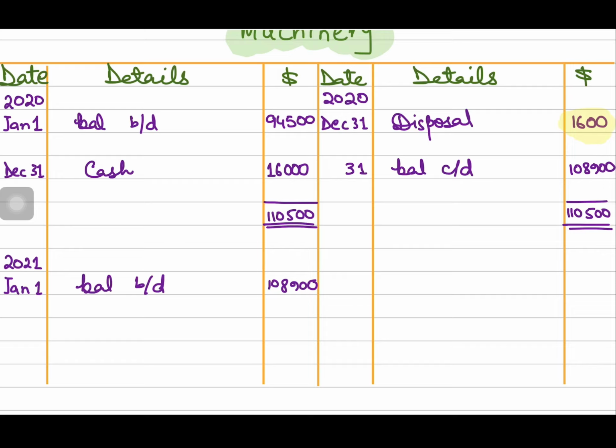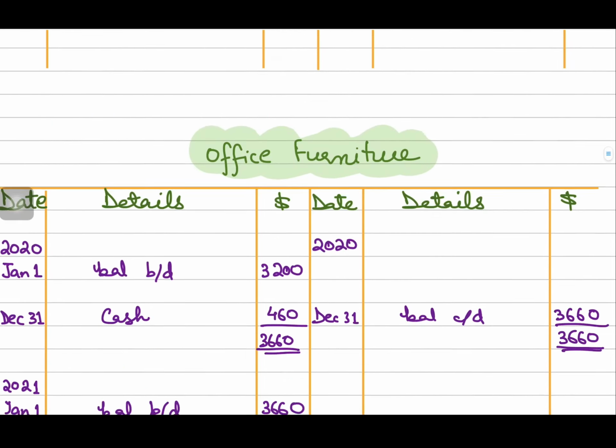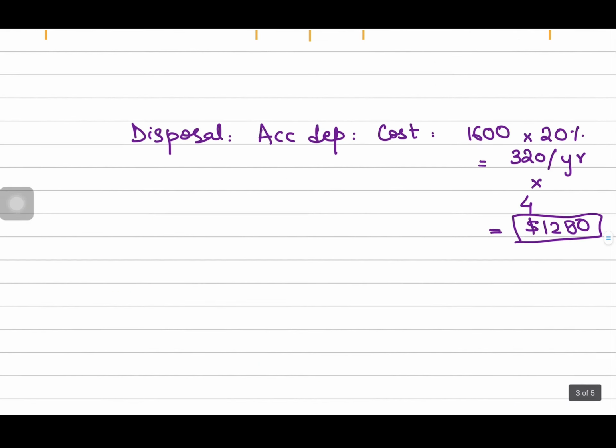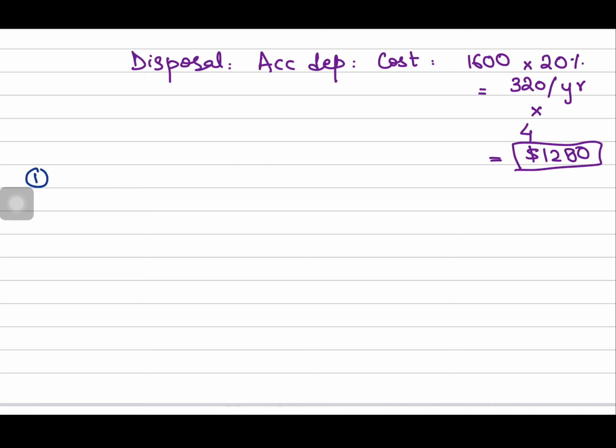Now, let us do both of the ways so that you get an idea of how we go about it. In the first method, we will charge depreciation separately on each of these assets, right. So, first we will take the balance brought down, and that was how much? That was 94,500, right. Then you subtract the disposed of asset during the year which had a cost of $1,600, right, because first I am charging depreciation on my old assets.